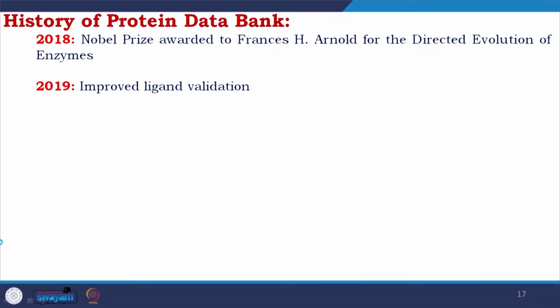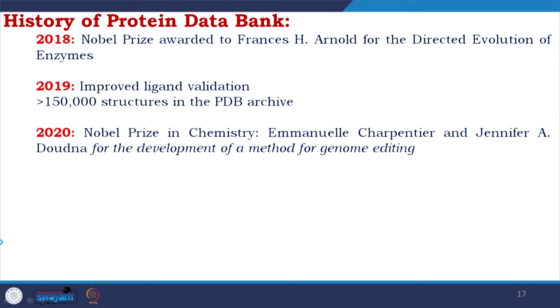In 2019, there is improved ligand validation, with greater than 150,000 structure entries in the PDB archive. 2020, Nobel Prize in Chemistry, Emmanuelle Charpentier and Jennifer A. Doudna for the development of a method of genome editing, the CRISPR technology, which actually revolutionized the world of molecular biology, the target based modifications, and the Nobel Prize is awarded to the deserved candidates.